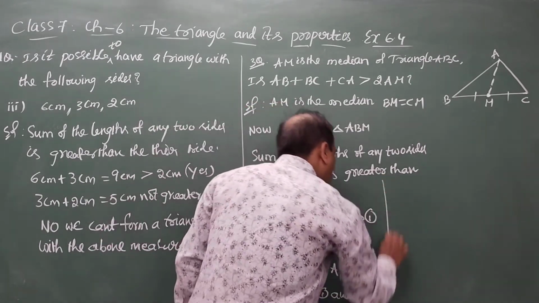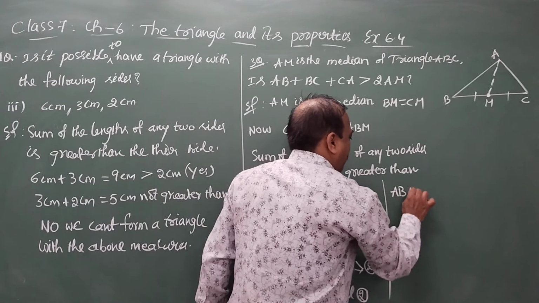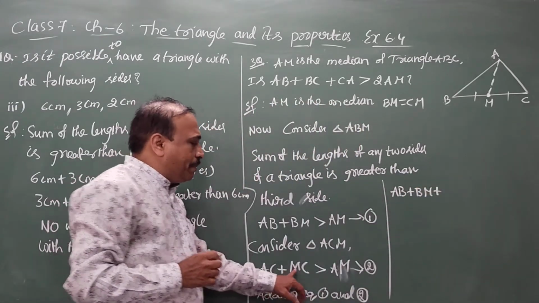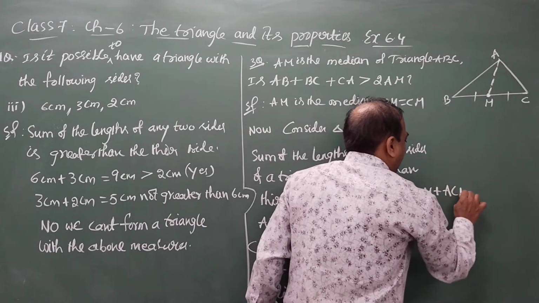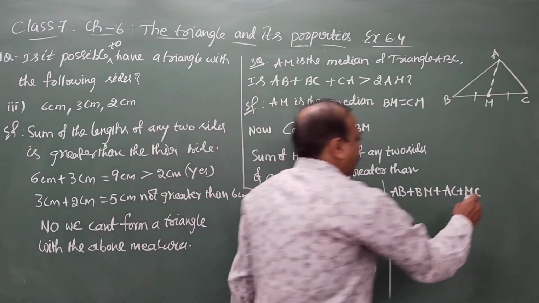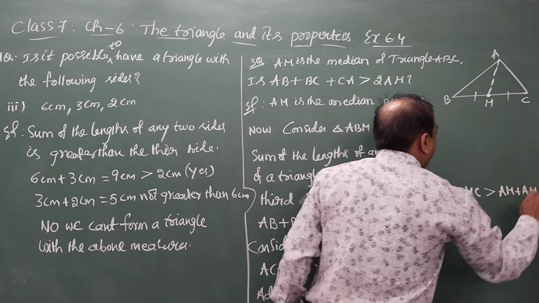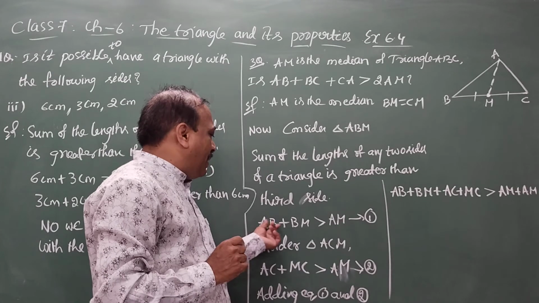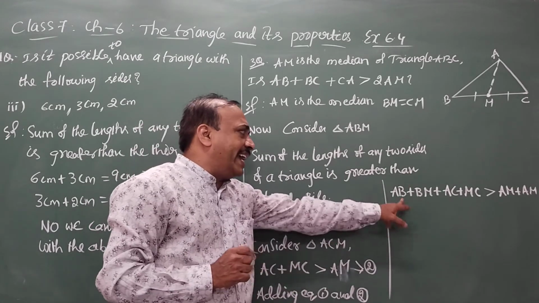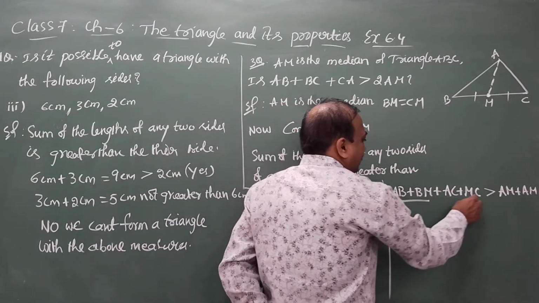Now, AB plus BM plus AC plus MC, as inequality sign is greater, so we keep greater, AM plus AM. Look at this, AB plus BM left hand side and AC plus MC left hand side we added, AM plus AM.